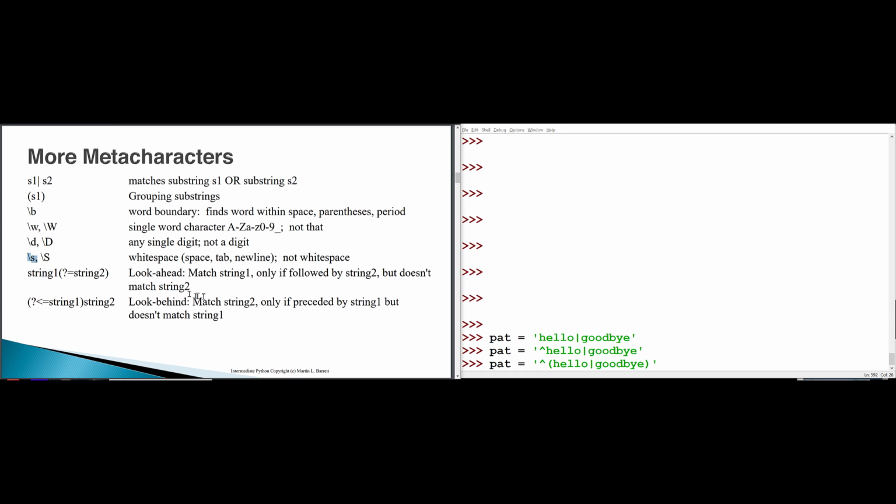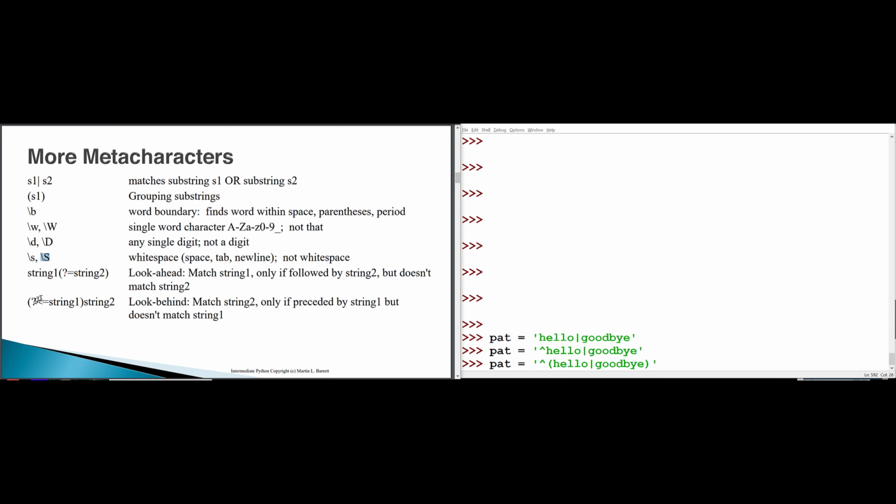\s matches white space, which is spaces, tabs, or new line characters, or for that matter, carriage returns, form feeds, various other kinds of special so-called white space characters, and then \S matches the opposite of that.